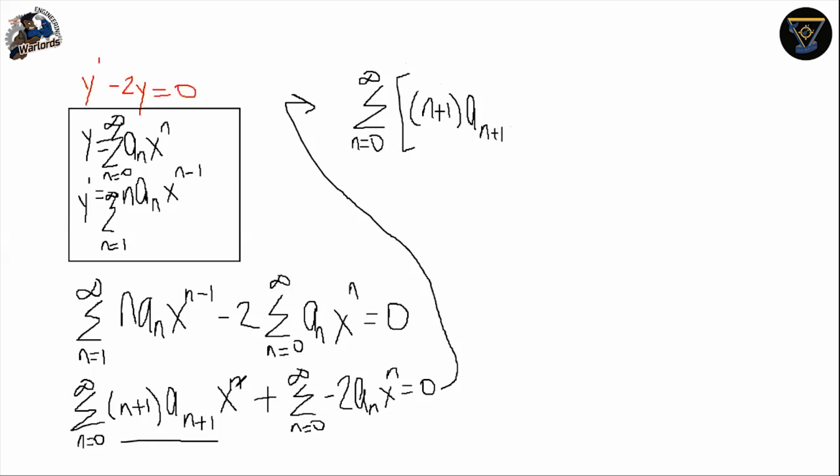Because x to the n is common between both of them, so I can bring it on the outside. So here now, we have minus 2 a to the n, and then we put x to the n on the outside. And remember, this is equals to 0. Right? So everything is good so far.